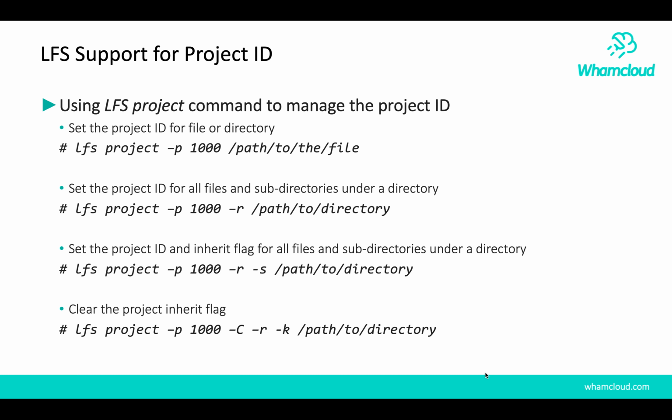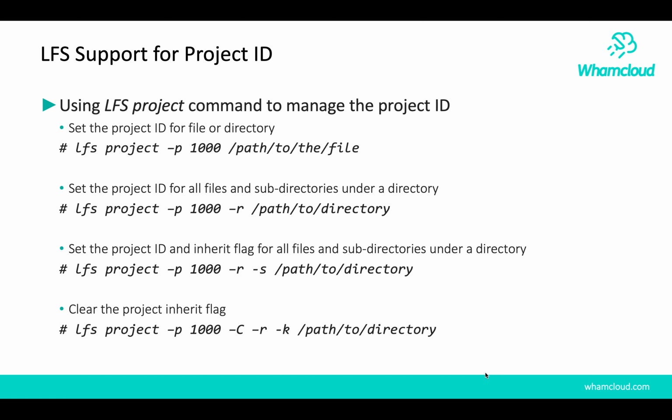This slide shows some usage of the lfs project command. For example, you can use option -r to iterate a directory to set the project ID for all its files and subdirectories.